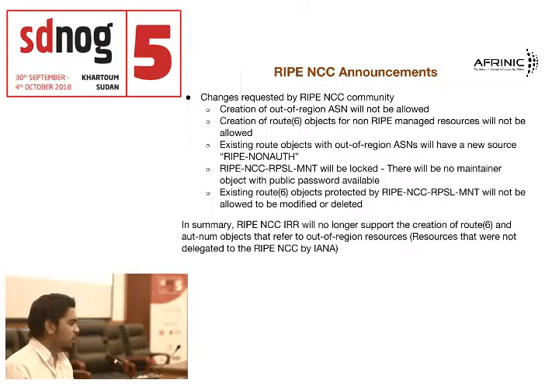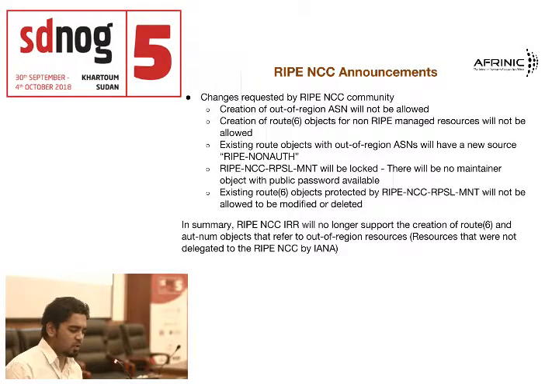So coming to the NWI-5, like I've been talking about, RIPE had actually announced that they will no longer support any out-of-region objects on their routing registry. So what it means is that if you are a member at AFRINIC and you have resources, you can no longer go on the routing registry for RIPE and add the resources and the route objects. And some of the changes that happened is that the source, instead of RIPE, has been RIPE-NONAUTH.